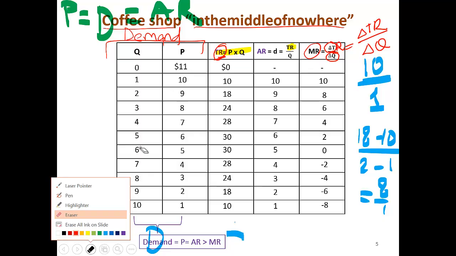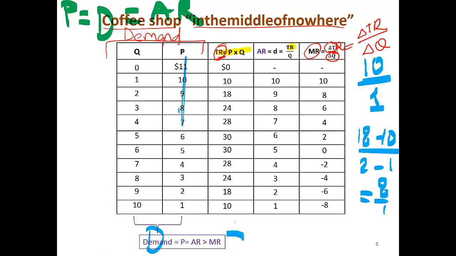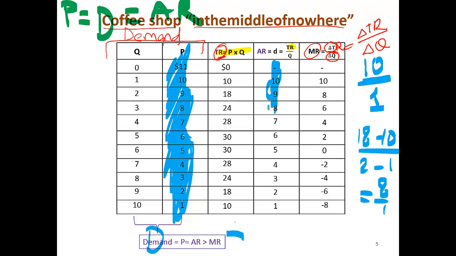The price column, which describes the demand relationship, equals the average revenue except for the unit 0. Marginal revenue is always less than this after the first unit. Look at that: 9 and 8, 8 and 6, 7 and 4, 6 and 2. Marginal revenue is always smaller.